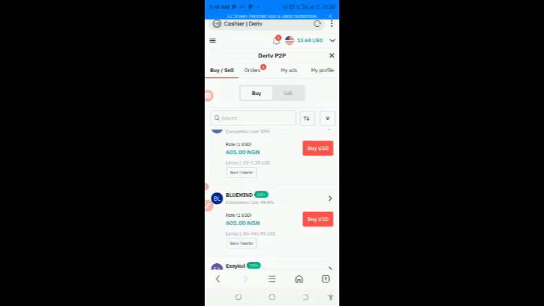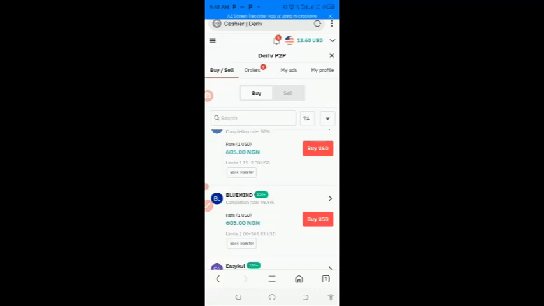Whenever you get the dollar, you can transfer the money out, because they know that the first payment method you use is what you'll be using to transfer your money. Please, if you use P2P, I told you that P2P is different. I told you I have two accounts with Deriv, P2P and the other one.